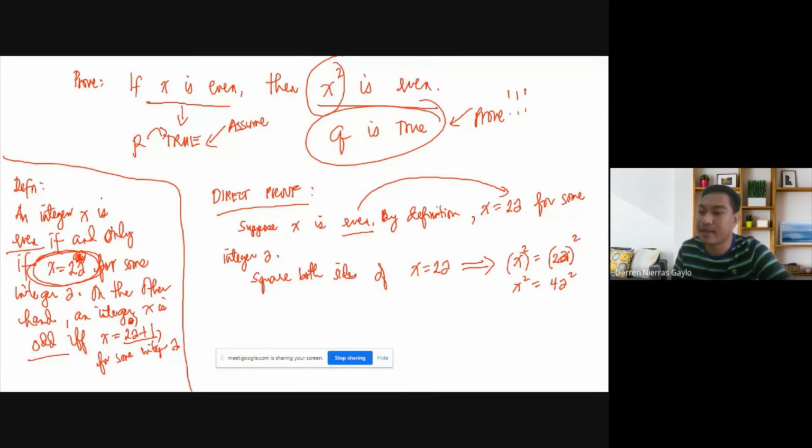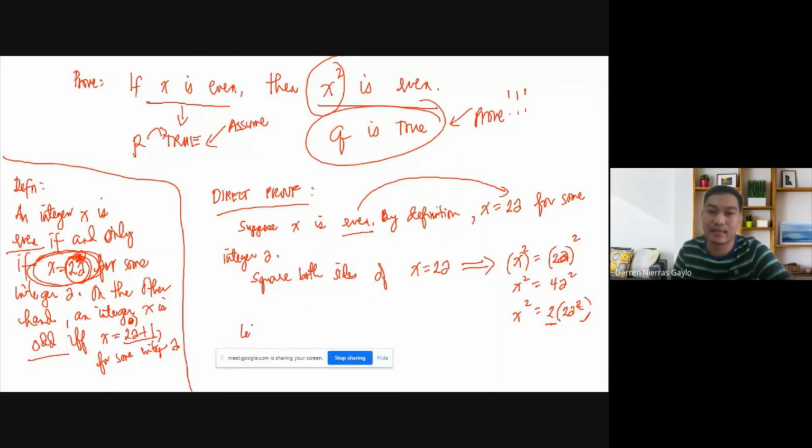From that, we could factor out a 2, so that it becomes 2 times something, which makes it even. So you can have x squared is equal to 2 times 2a squared. Correct? Okay. So now, since we have 2, therefore it's also even.